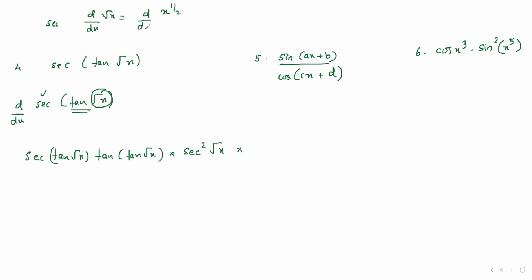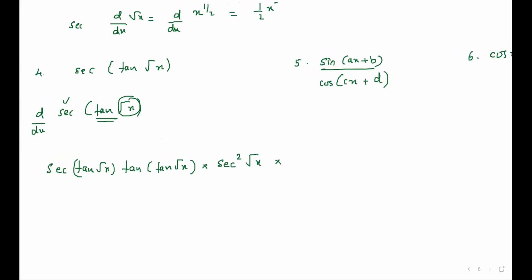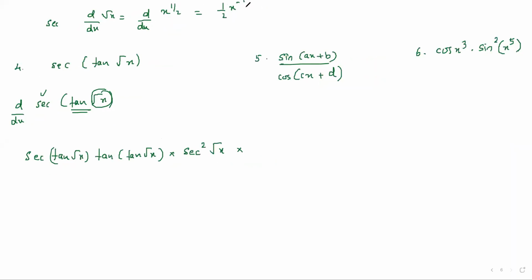So the derivative of x raised to 1 by 2 is 1 by 2 x raised to minus 1 by 2, which is 1 by 2 root x. So this is the answer for question number 4: sec of tan root x into tan of tan root x into sec square of root x into 1 by 2 root x. Question number 4. Clear?